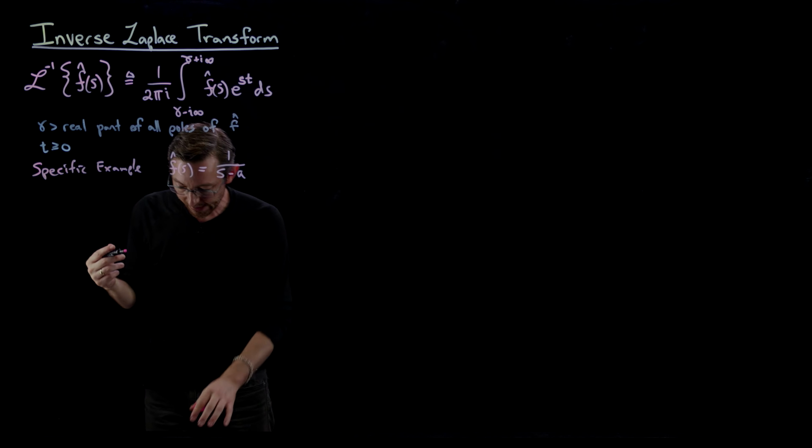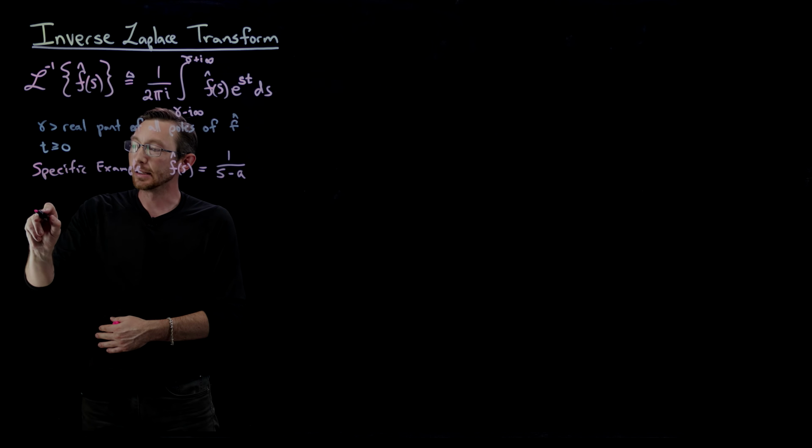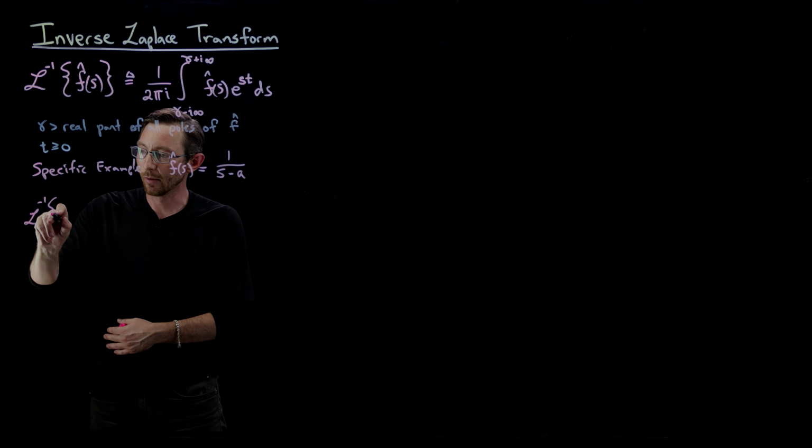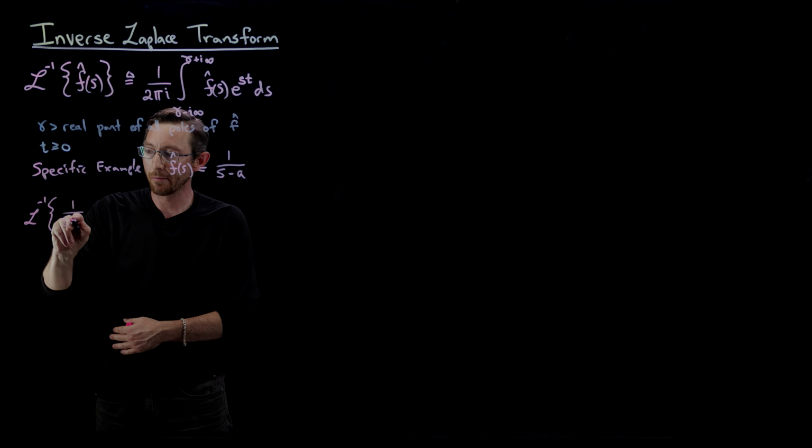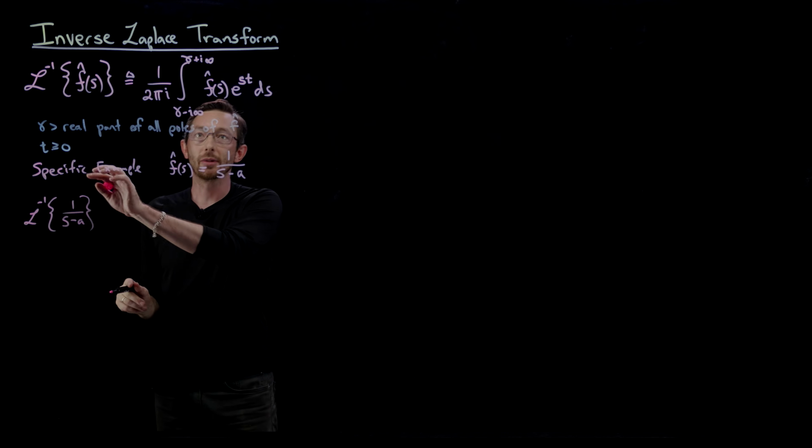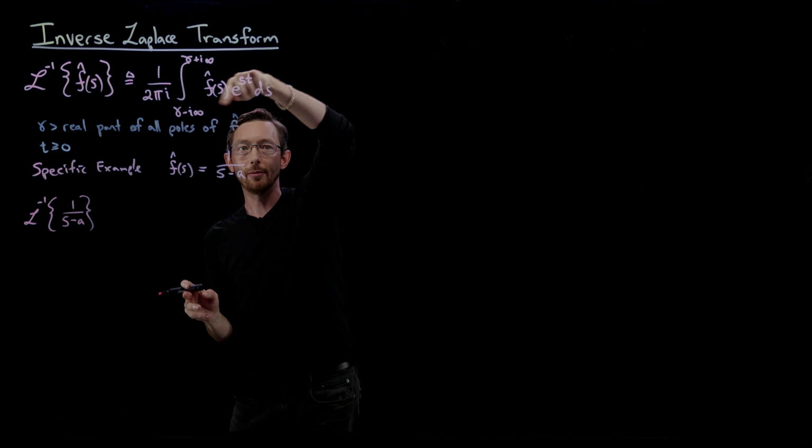So the specific integral we're going to solve is the inverse Laplace transform of 1 over s minus a. And so I'm going to plug in 1 over s minus a for my function f hat.